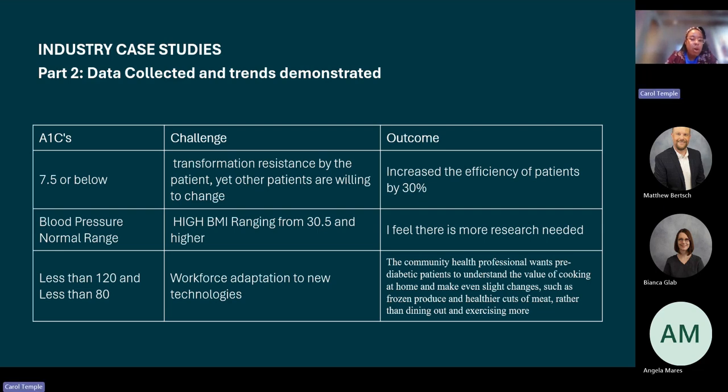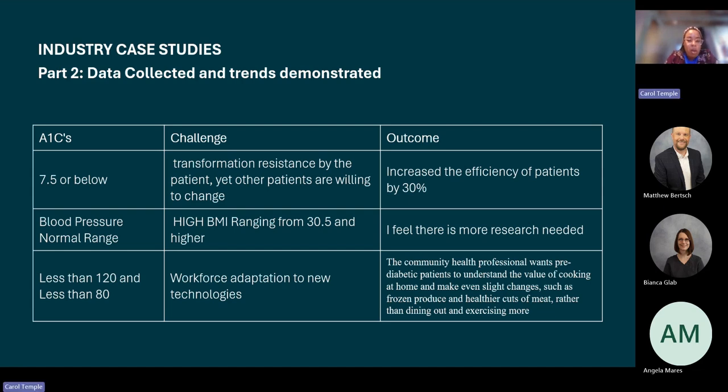Blood pressure in terms of normal ranges, we want it to be less than 120 and less than 80. So the top number, we always want it to be 120 or below. The bottom number less than 80 or at 80.